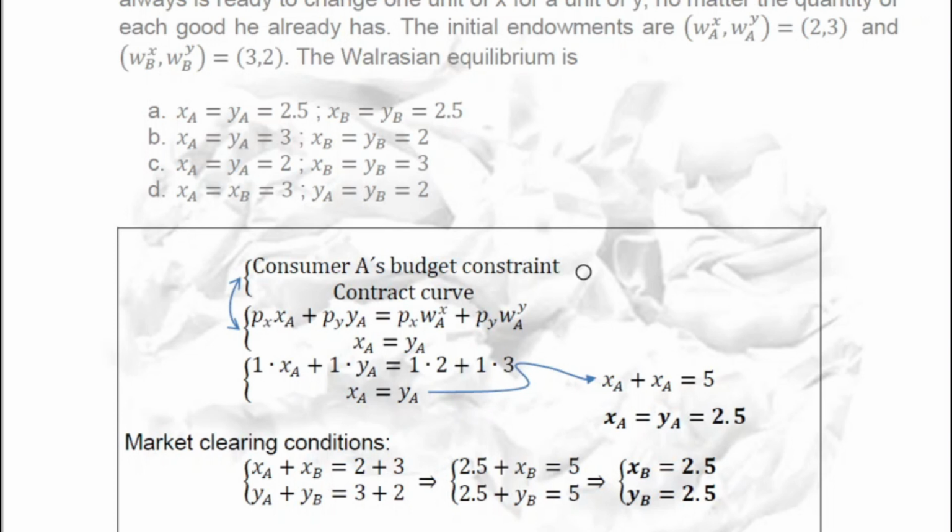We go to the budget constraint of consumer A, and we can find the quantities he or she will demand. The budget constraint is the price of X times the quantity he will demand of good X plus the price of Y times the quantity of Y, with 1 the price.